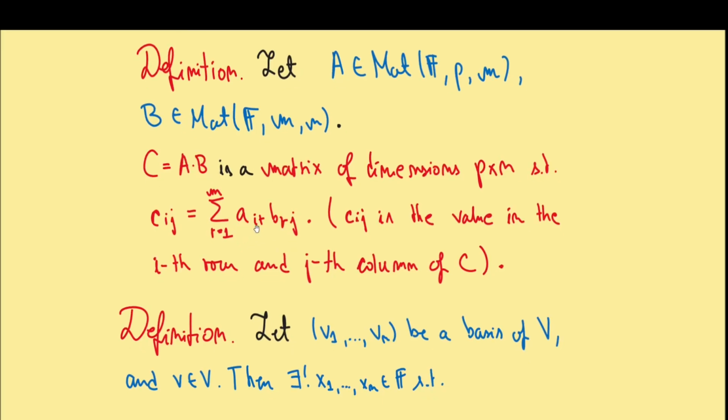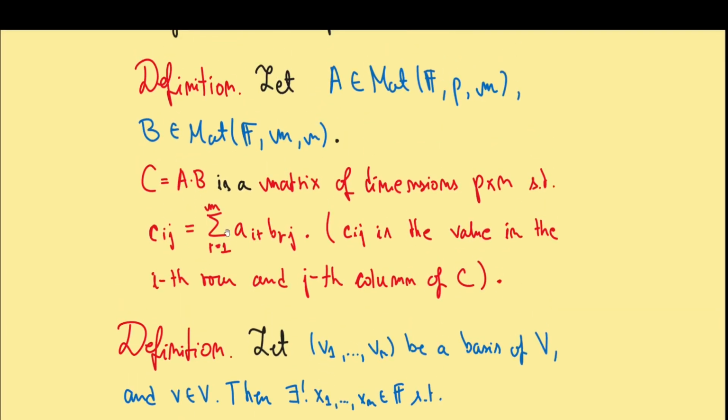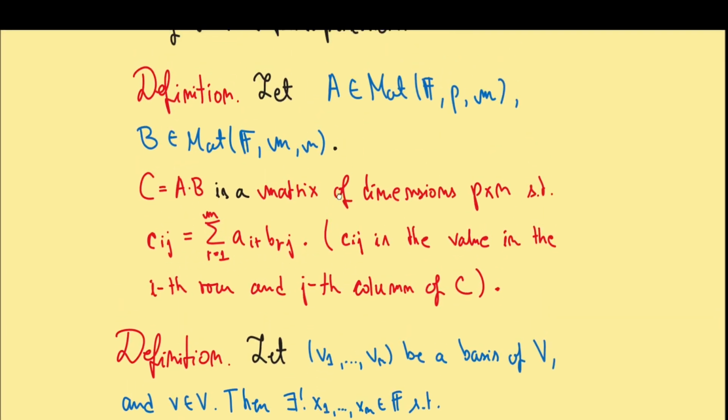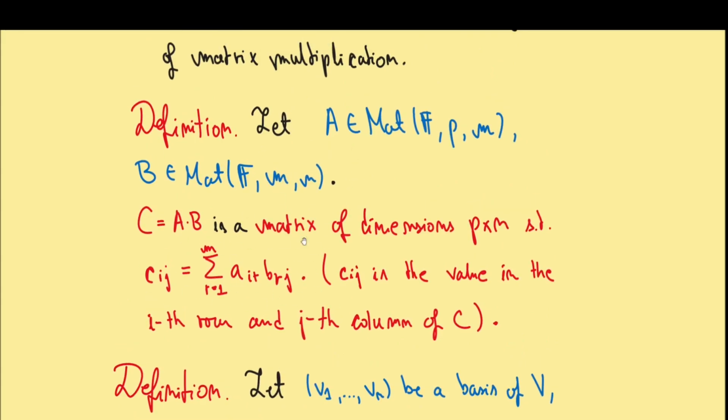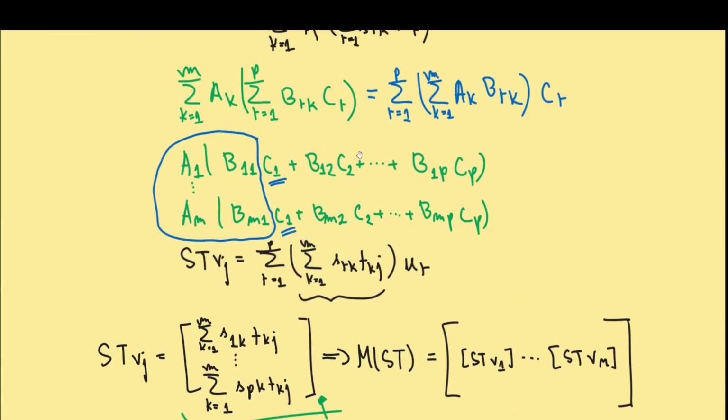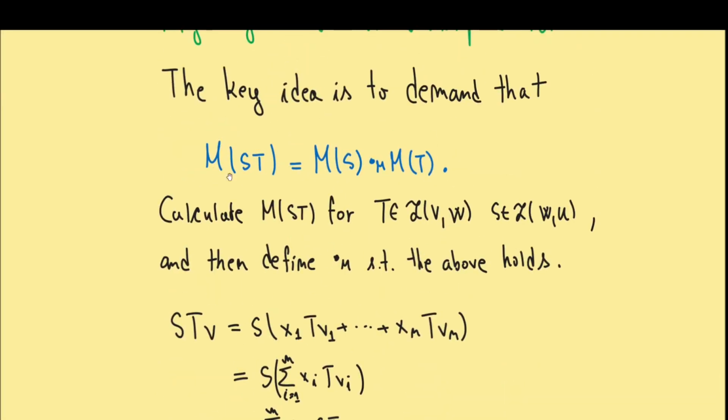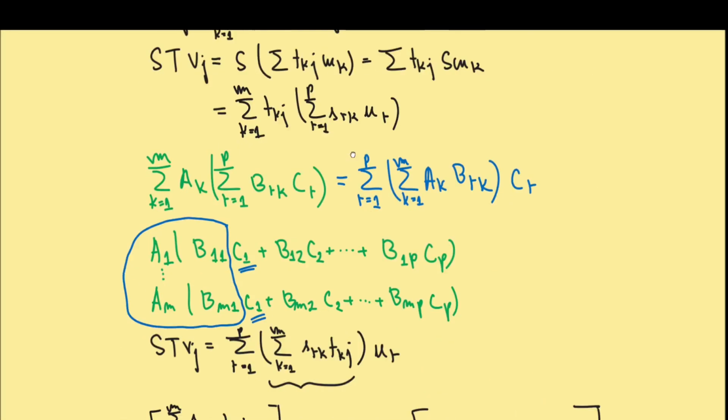So in the ith row, the first element gets multiplied with the first element in the jth column of B, and then you go through the row and go through the column, you multiply the appropriate values, and you add them up to get your C, which is located in the ith row and the jth column. So this is how we define matrix multiplication. And when we've done this, feel free to verify that this expression now holds.